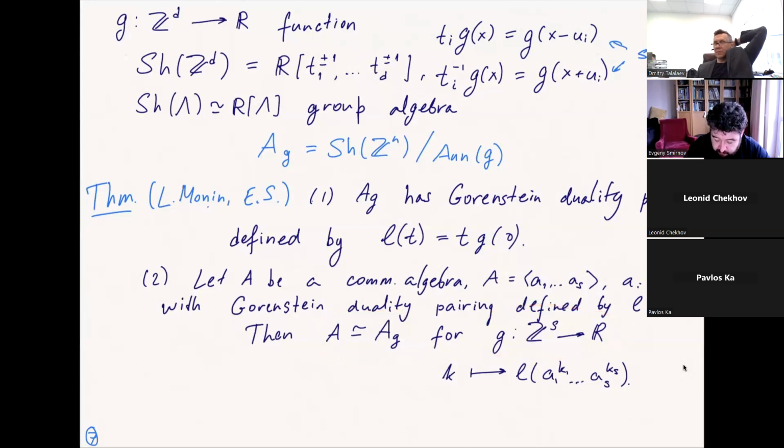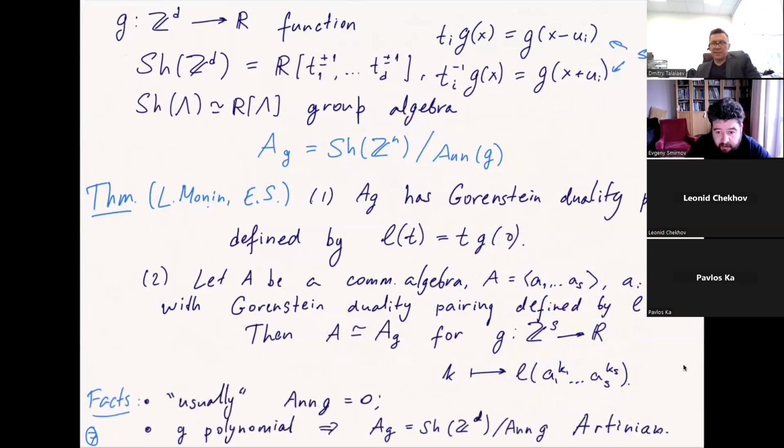Having an element k of my lattice, I take my generators to the power k1, etc., ks, and I apply my linear form to this operator. I get a function, and this function will be exactly the function such that if you mod out the shifts by the annihilator, you'll get this algebra A.